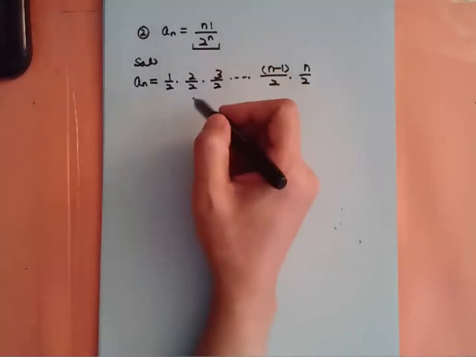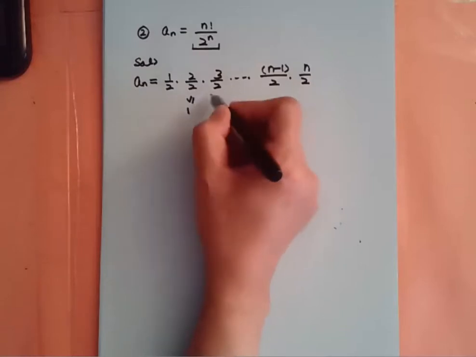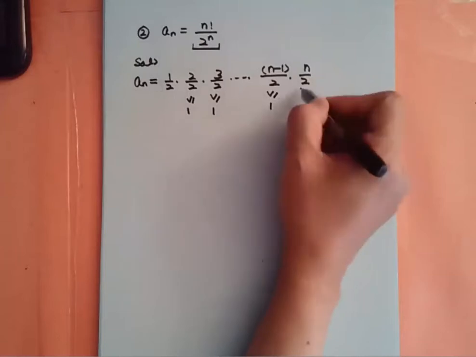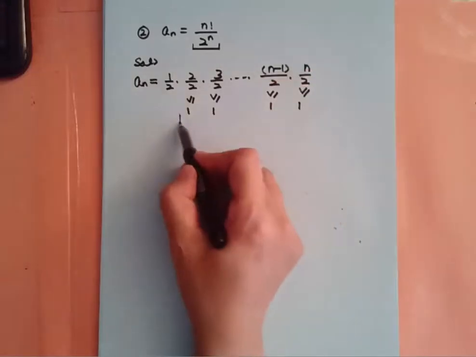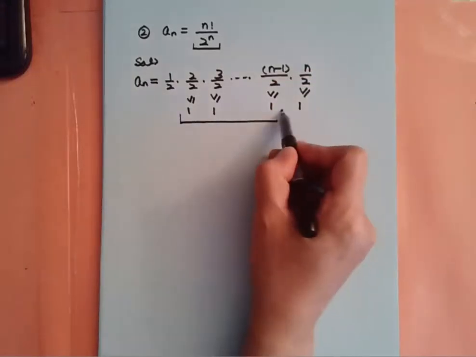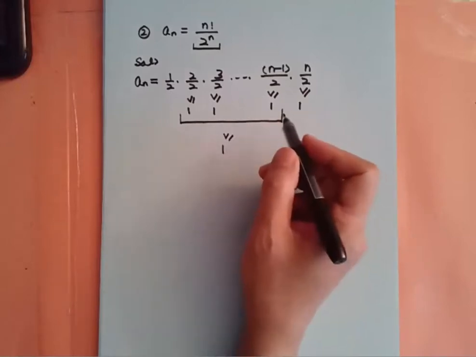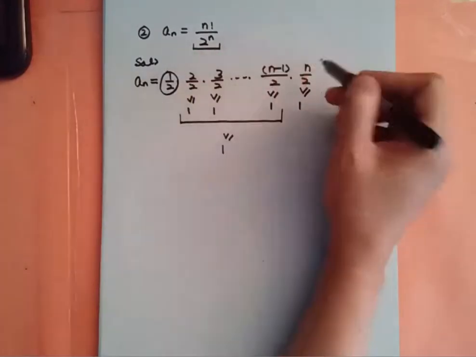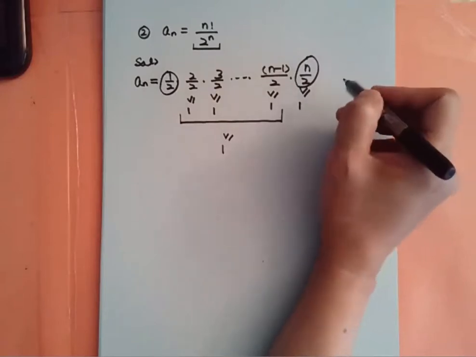What I was trying to demonstrate here is that this is greater than or equal to 1, this is greater than or equal to 1, and this is greater than or equal to 1, and so on. Especially when we multiply this part, that is greater than or equal to 1, and we just leave the first and the last one to consider the limit.